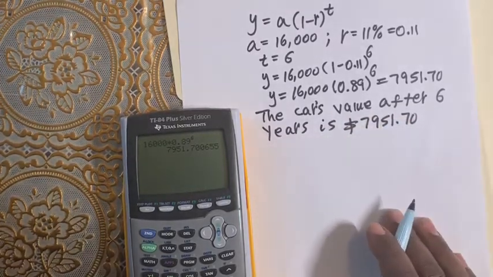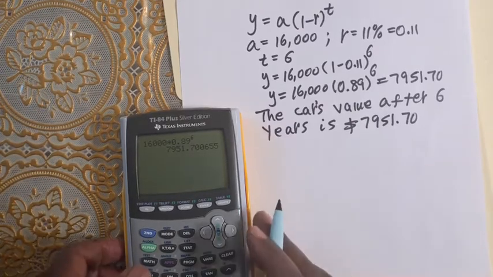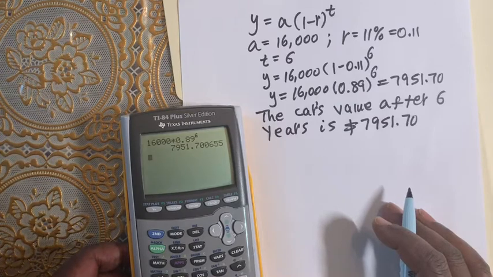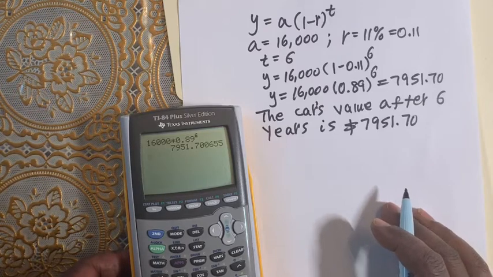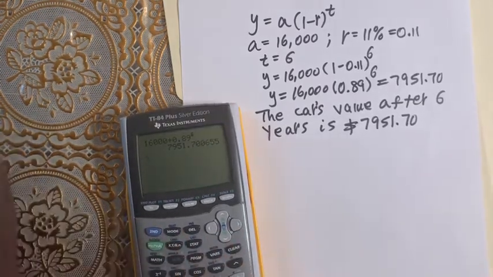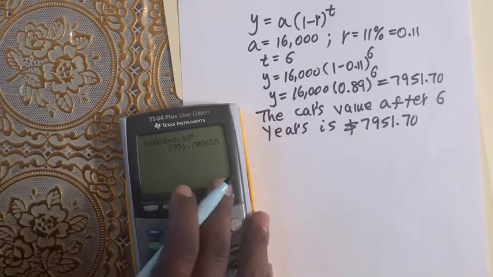As I said, the examples are just hypothetical to do problems, and so the car which was bought for 16,000, its value will go down to 7,951.70 after 6 years. Okay, so let's take our fourth example.